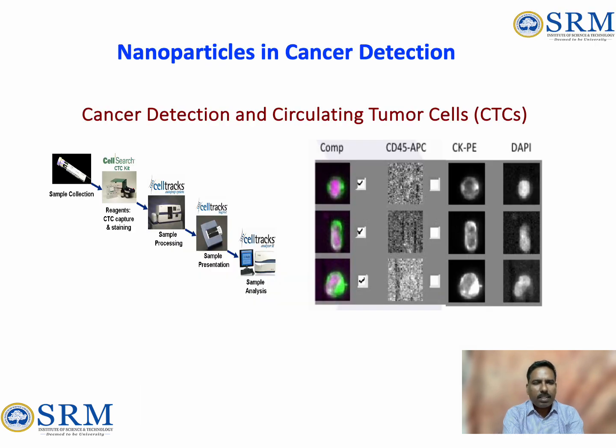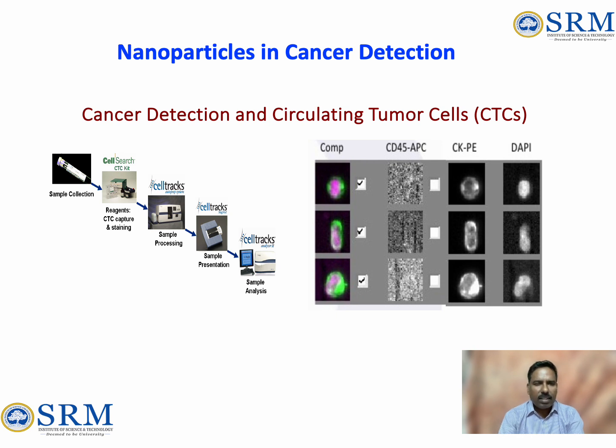The FDA has approved the CellSearch system for detection of cancer from a blood sample. Circulating tumor cells are cancer cells that are released into the circulation, and you can detect them using nanoparticles loaded with iron and functionalized with antibodies that can efficiently identify these circulating tumor cells.